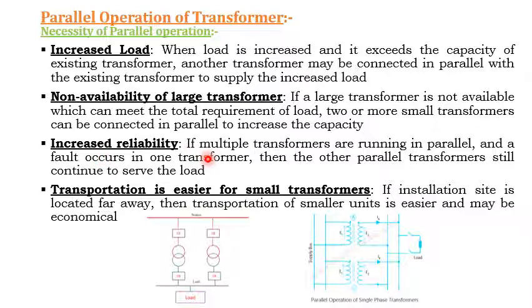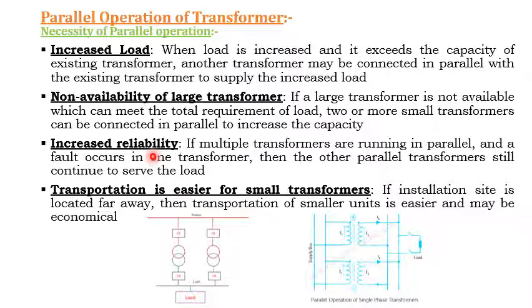That means if a number of transformers are connected in parallel and any one transformer is under fault condition, the remaining transformers will continue to serve the load. So this is the increased reliability, one advantage of going for parallel operation of a transformer.